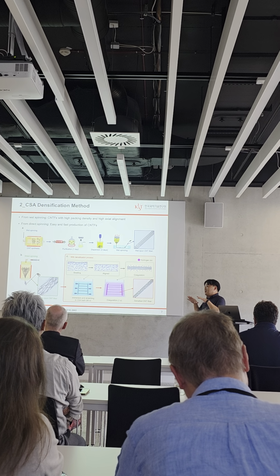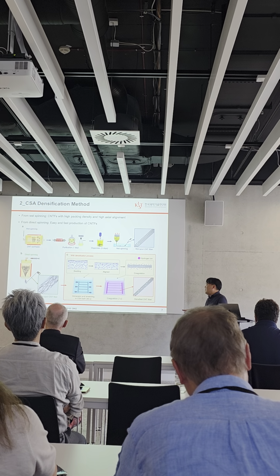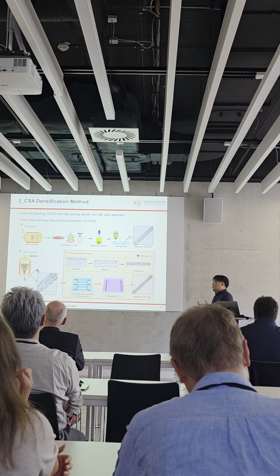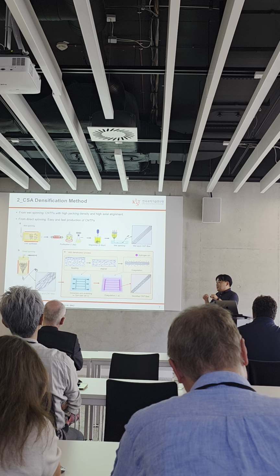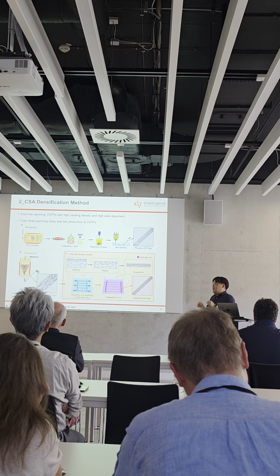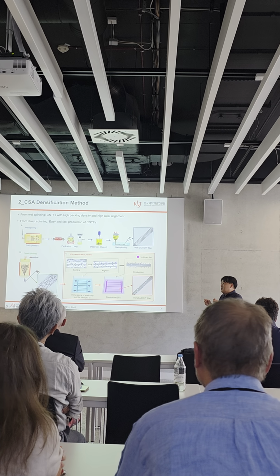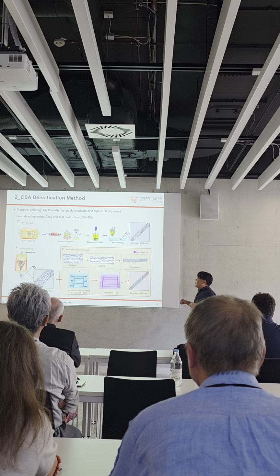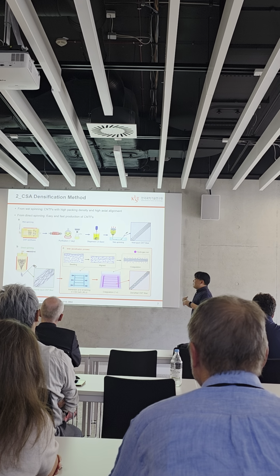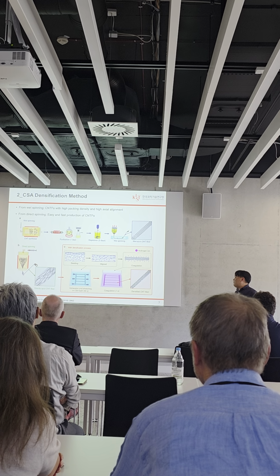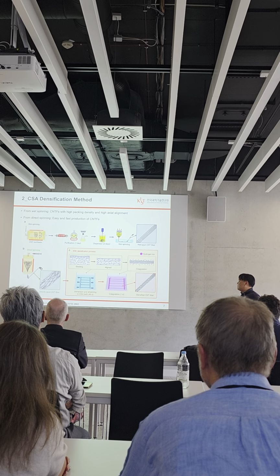We put the direct-spun fiber in CSA, and it swells quickly. Then the CNTs composing the fiber can become mobile in the CSA.